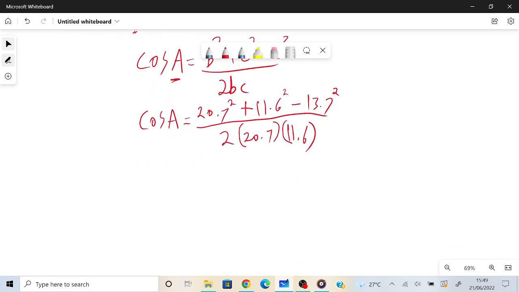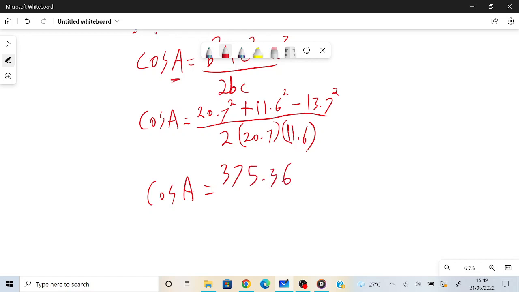So simplifying this, we have cos A is equal to, using a calculator, 20.7 squared plus 11.6 squared minus 13.7 squared. This gives 375.36.